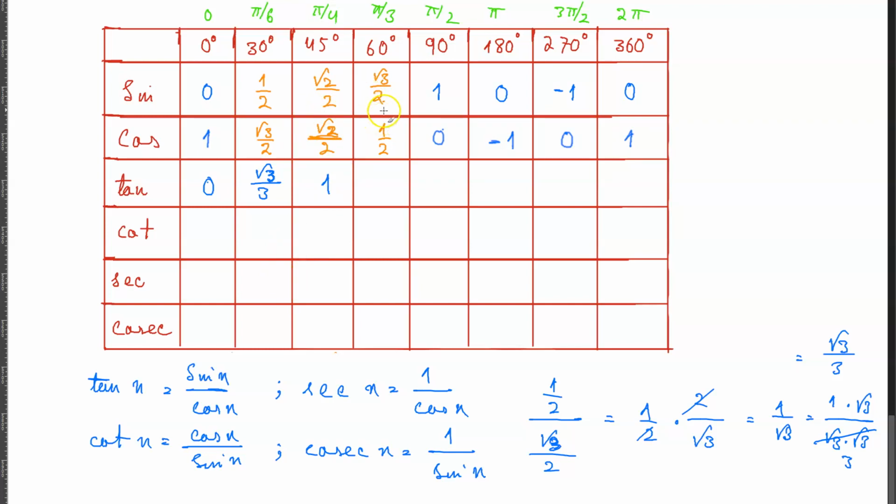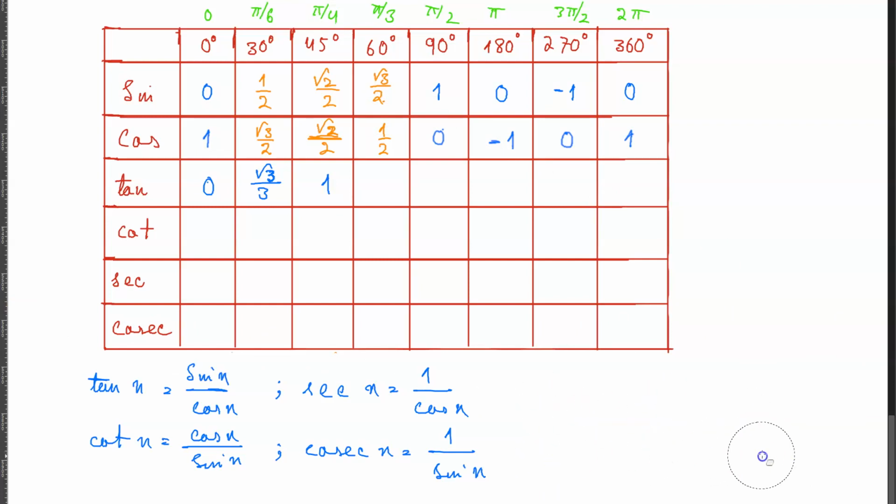And tan of 60 degrees is equal to square root of 3 over 2 over 1 over 2, which is the same thing as square root of 3 over 2 times the reciprocal of this, which is 2. That gives you square root of 3. So tan of 60 degrees is equal to square root of 3.